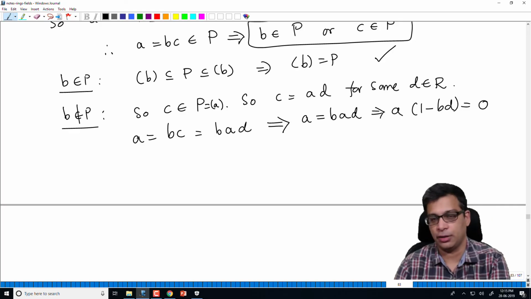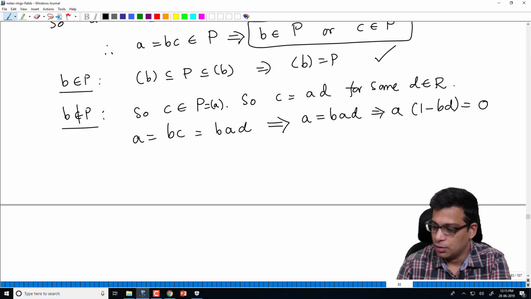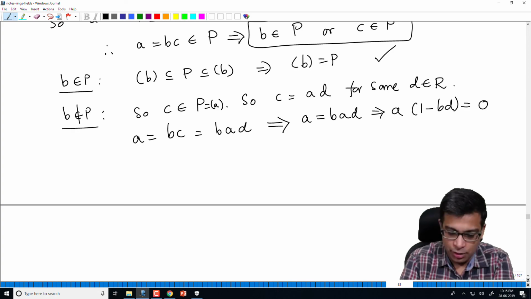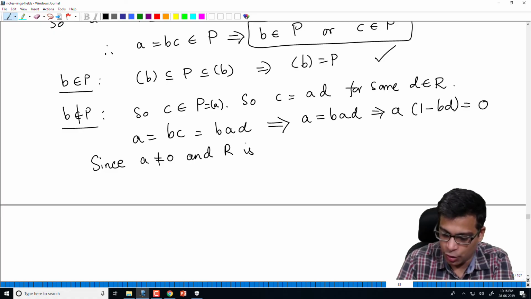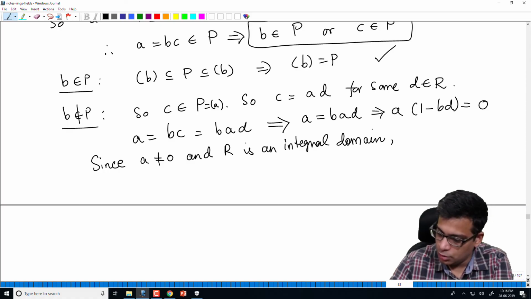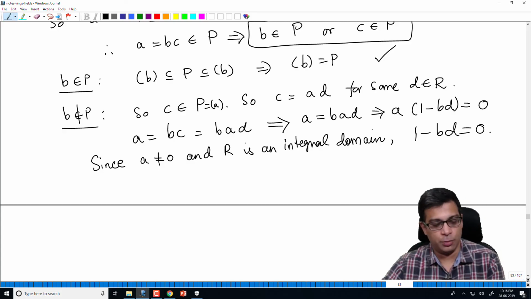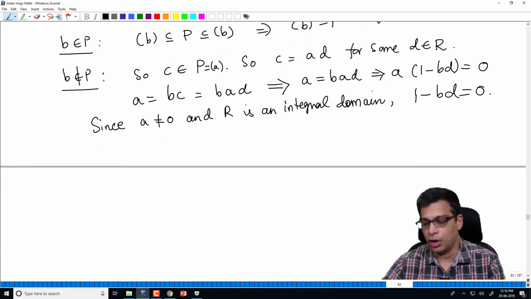I am just subtracting BAD from both sides and factoring A. But since B is non-zero, A is non-zero and R is an integral domain, 1 minus BD is 0, right? Because in an integral domain, if two elements multiply to 0, one of them must be 0.